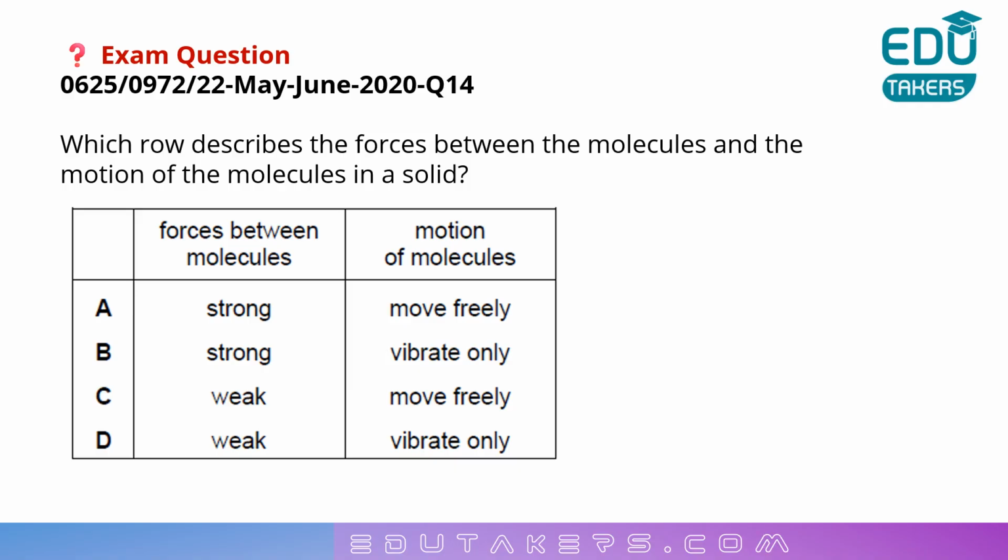However, the molecules are not completely static, they vibrate in place. These vibrations increase as the temperature increases, but the molecules do not move freely past one another as they would in a liquid or gas state. The correct row that describes the forces between the molecules and the motion of the molecules in a solid is row B. Forces between molecules: strong. Motion of molecules: vibrate only.